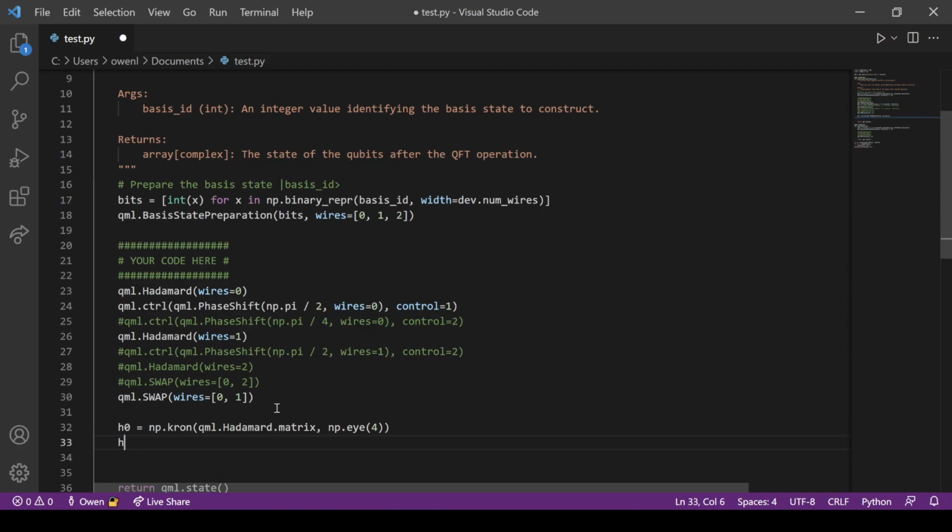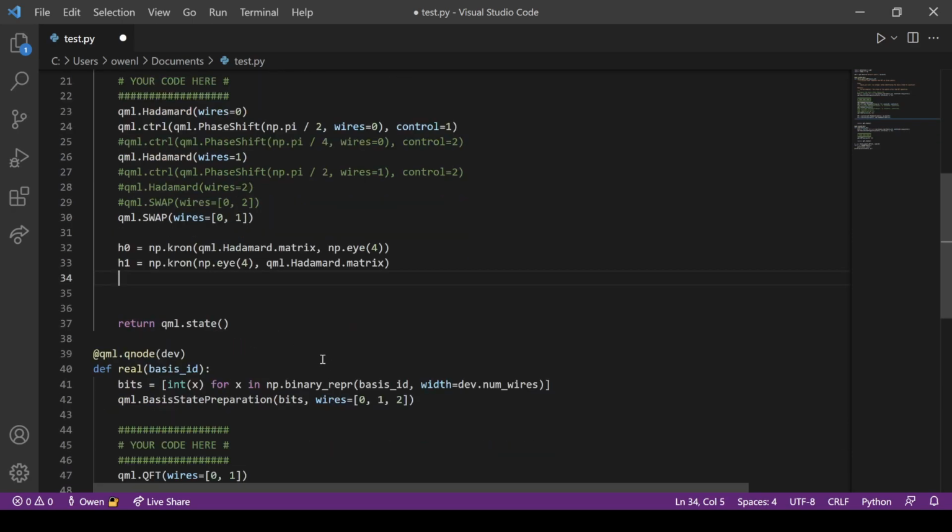We have our H1 equals the Kronecker of 4 matrix. Okay, and then for this middle section, right, we have our controlled phase shift. So we have our SC.